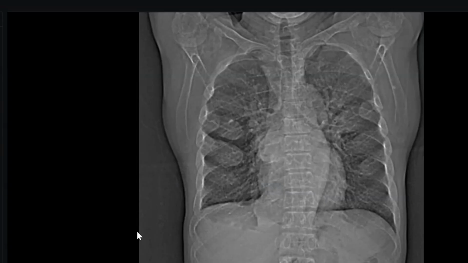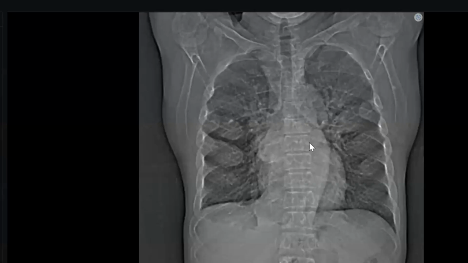Generally for all bones, there is decreased bone density with enlargement of the ribs.